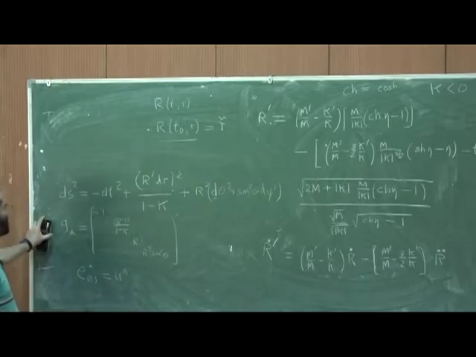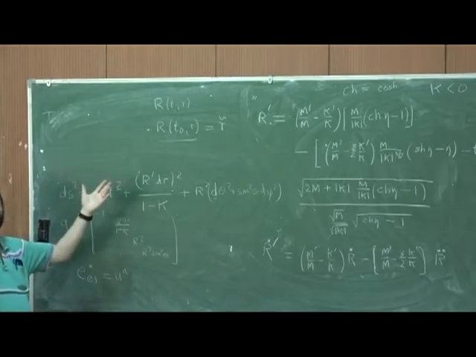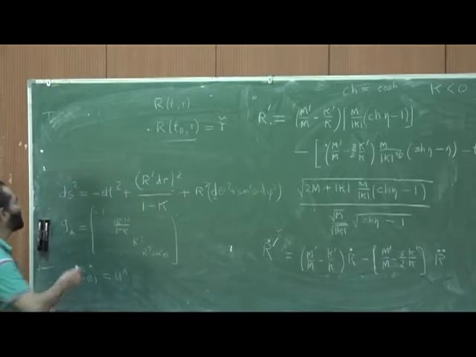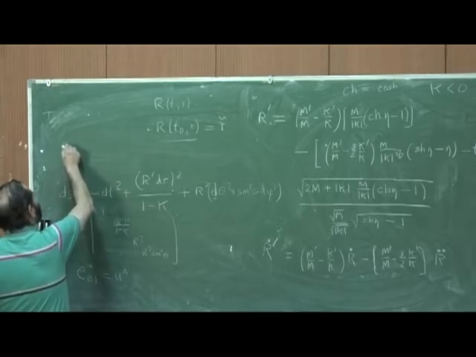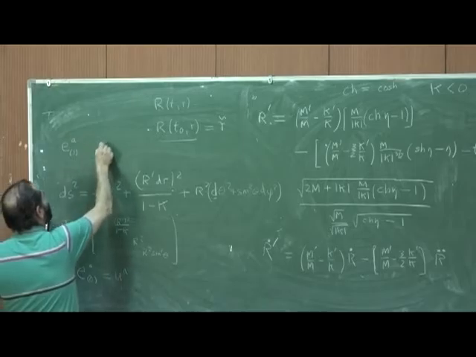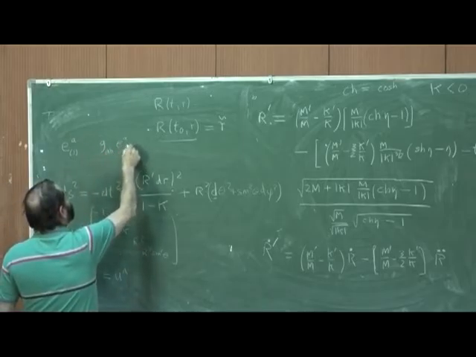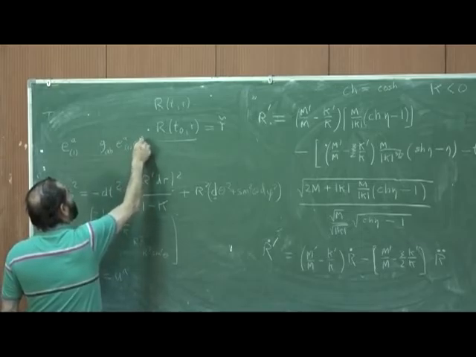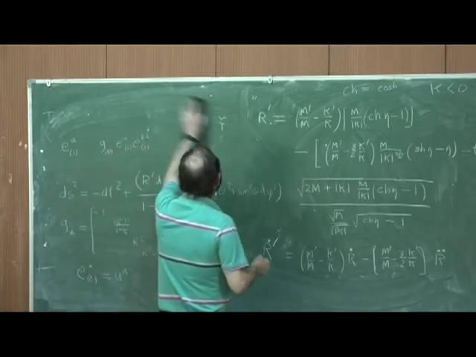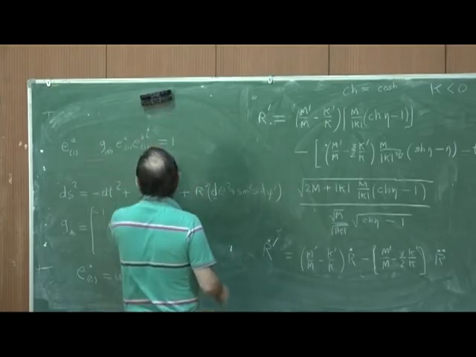Now the next vector, we need a vector in this direction that is also a unit vector, that is space-like. So the second vector has to satisfy this condition. So which vector satisfies this condition?